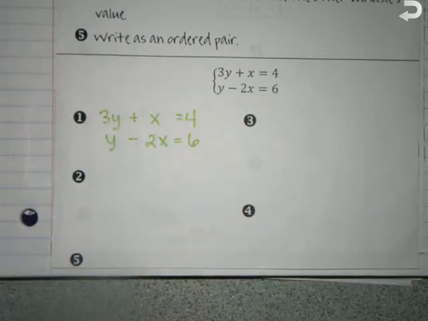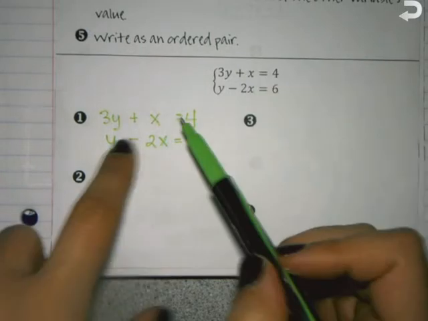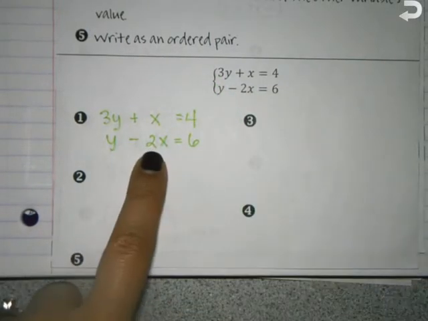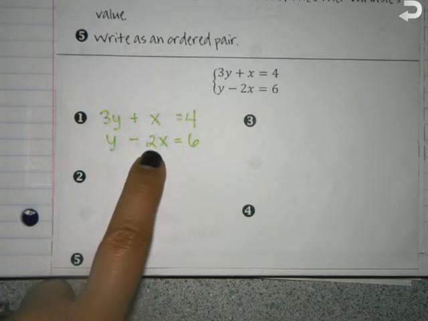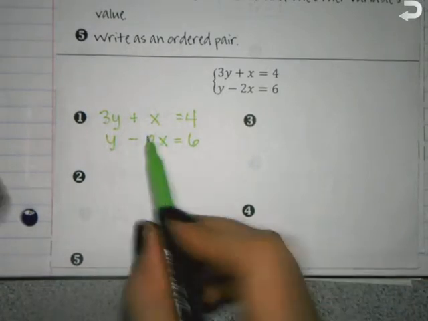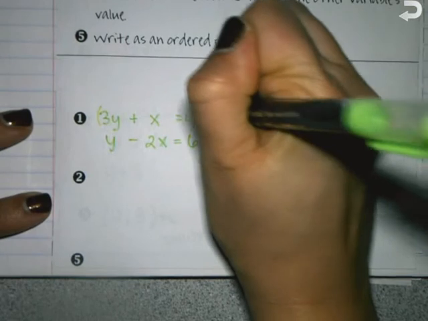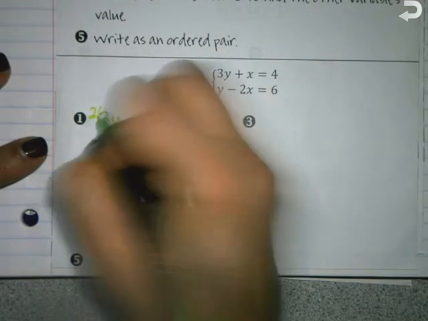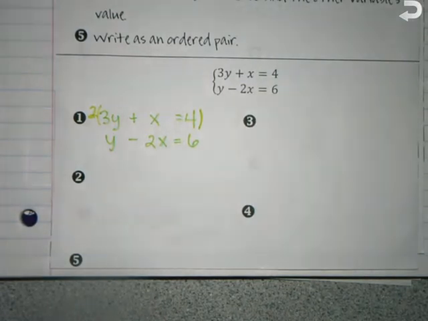If all of them are positive, so let's say this was y plus 2x, we could also multiply by a negative number to make one of them negative. But in this case, we don't have to. So what we're going to do is multiply the entire top equation by positive 2. Because that's what we're missing.